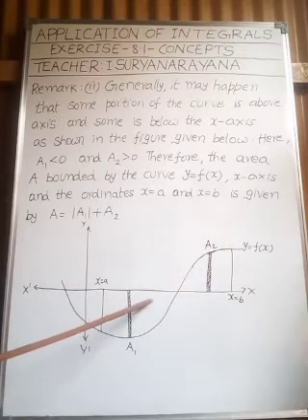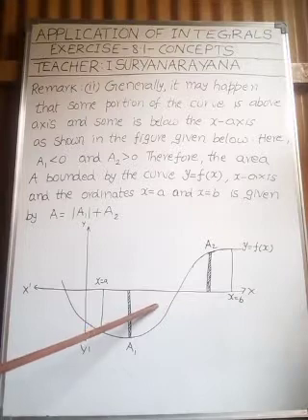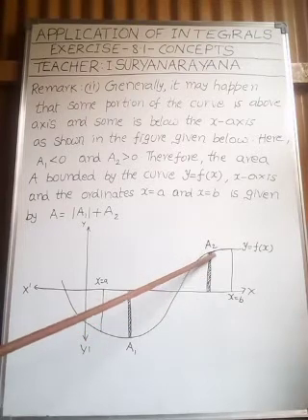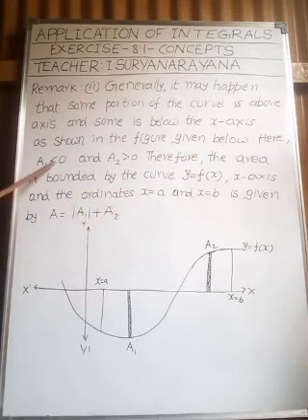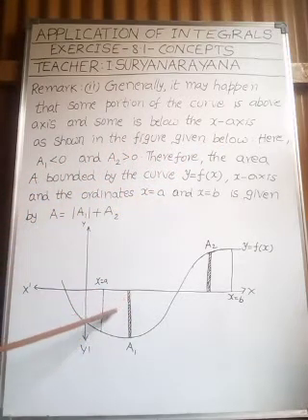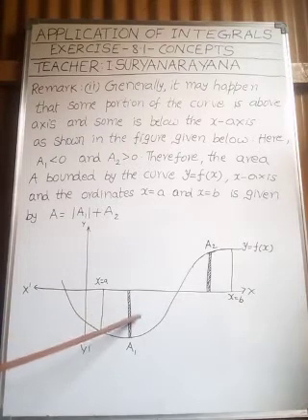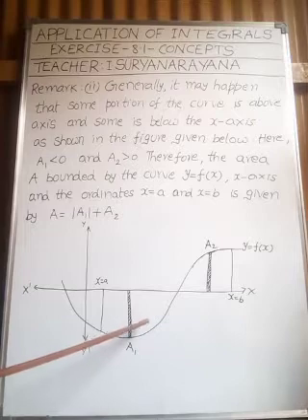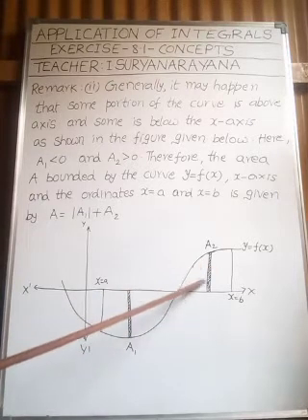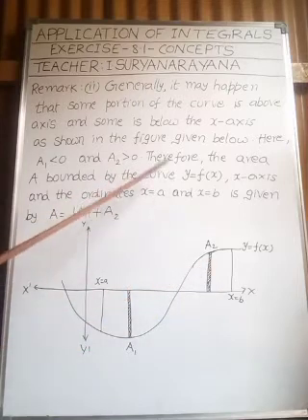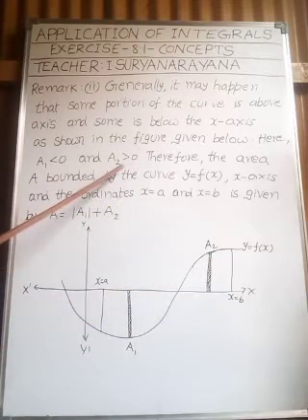So here this region is below the x-axis and this region is above the x-axis. Okay, my children. Here a1 is less than 0. The area is below the x-axis. Therefore, you get here area of this region is negative. Yes or no, my children? Here area of the region is positive because this region is above the x-axis, and a2 is greater than 0.